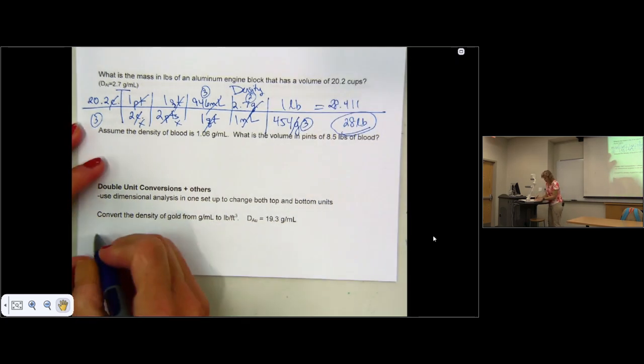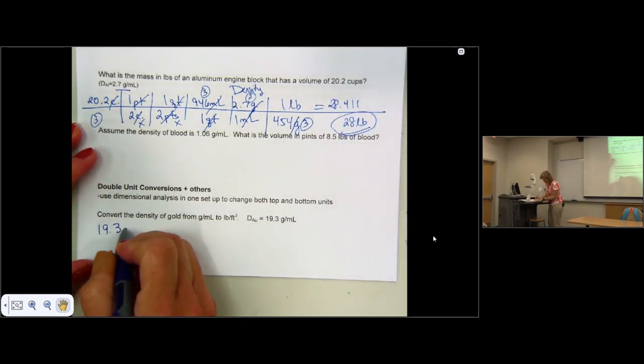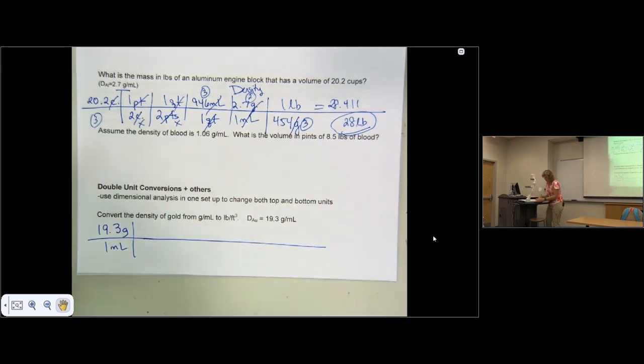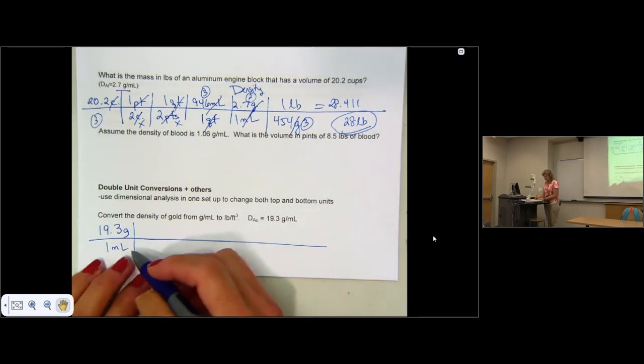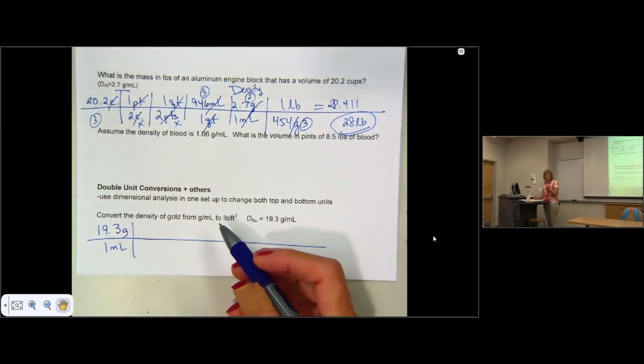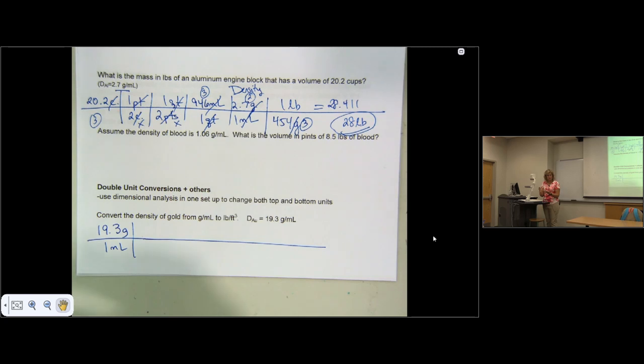How do we solve it? We set it up like this: 19.3 grams over 1 milliliter. And we are going to do this all in one problem. We're not going to stop and start. So 19.3 grams to 1 milliliter. I typically deal with the top first, then I'll go to the bottom.